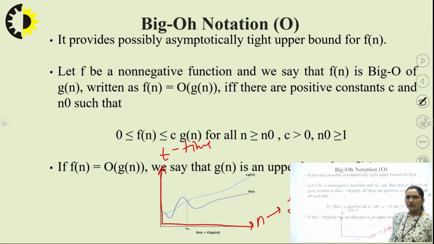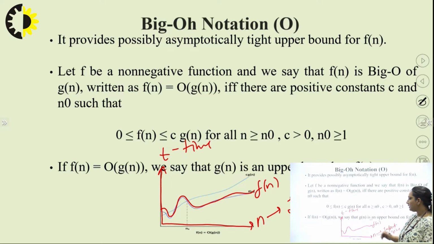Any function we take grows according to the input size. As the input size increases, it grows like this. That is called f of n. In big O notation, the function has an upper bound, meaning a maximum not exceeding that.